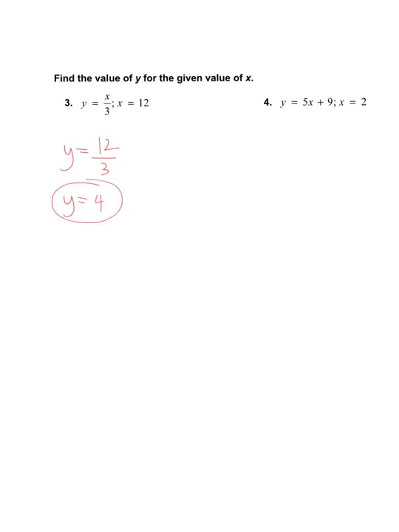Over here at 4, we're going to be plugging in 2 for x. So it's going to go right there. y is equal to 5 times 2 plus 9. 5 times 2 is 10. 10 plus 9 is going to be 19. And that's how you do 3 and 4.